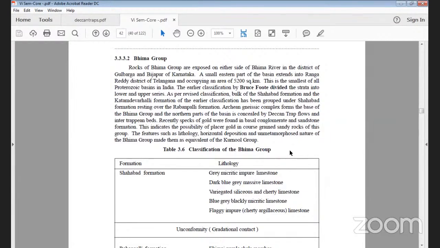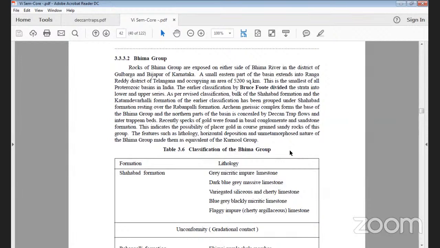and he divided it into two series, one the lower and the second the upper series. Later, after revision of this classification, the Shahabad formation and another, the Katamadevarahalli formation, were grouped under the Bhima group.